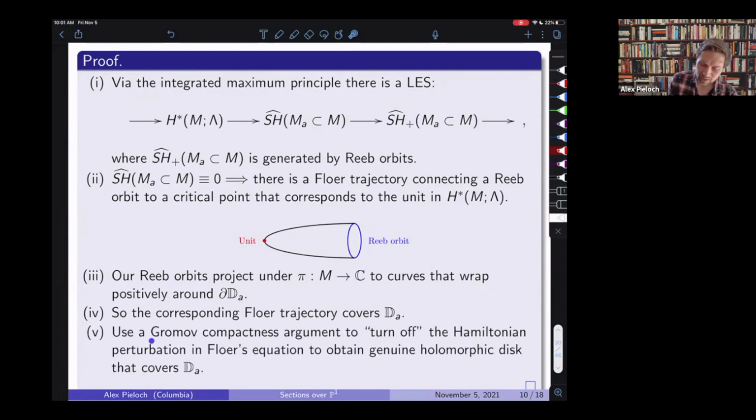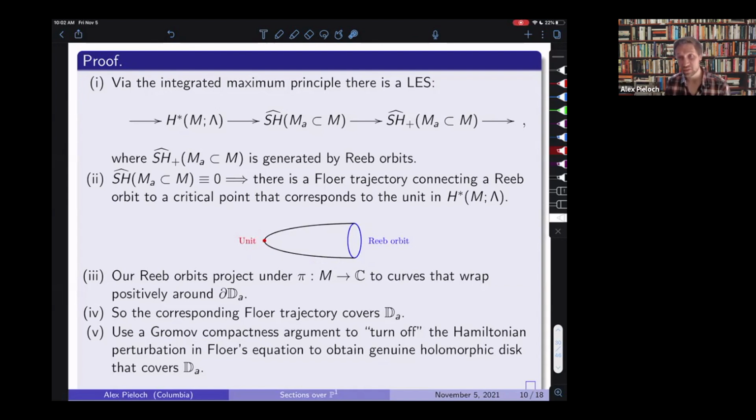So what we do is we consider a Gromov compactness argument, where we essentially take the value of our Hamiltonian perturbation to go to 0 on a compact subset. And we consider sequences of Floer trajectories associated to this degenerating sequence of Hamiltonians. This converges in some reasonable sense. The sequence of Floer trajectories converges to a pearl necklace, is what it actually converges to.